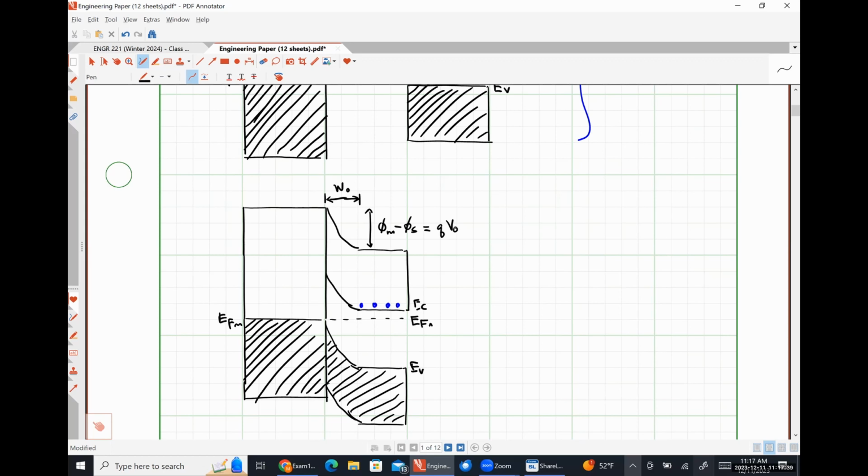We're also going to have a barrier potential here. So this is phi B, and it is equal to phi M minus the electron affinity of the semiconductor material.